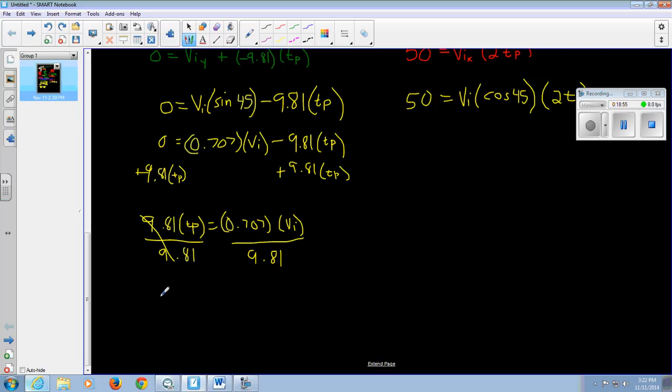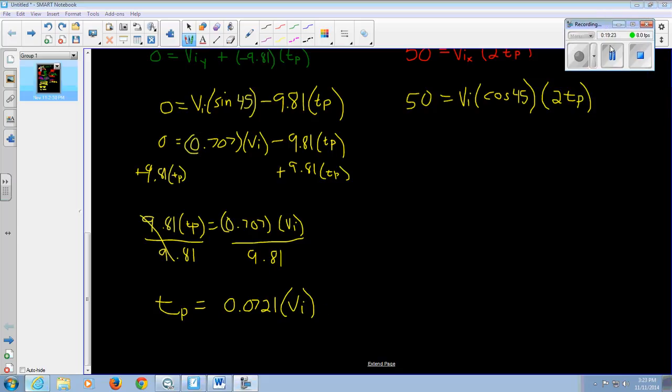That cancels out. You get time peak is going to be equal to 0.707 divided by 9.81 times VI. And this would be equal to 0.0721 times VI is equal to your time to peak.